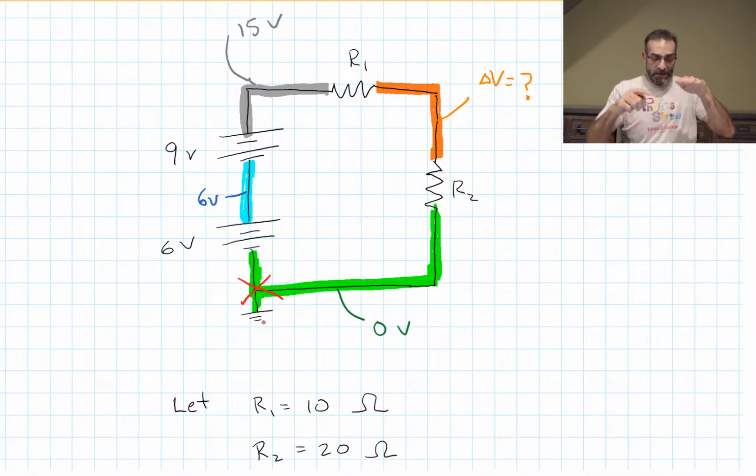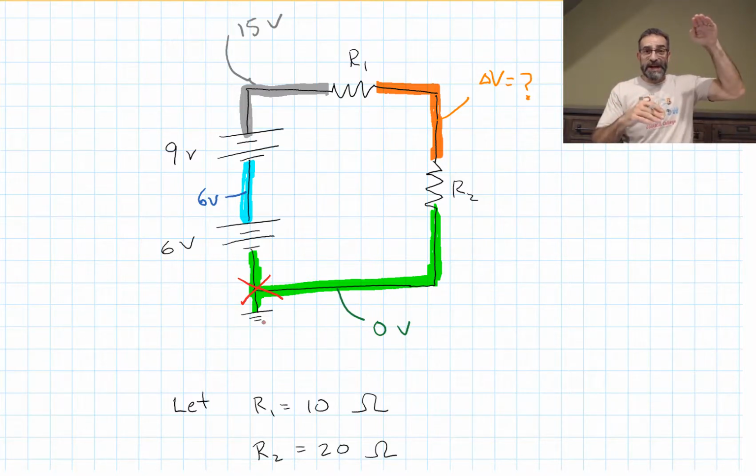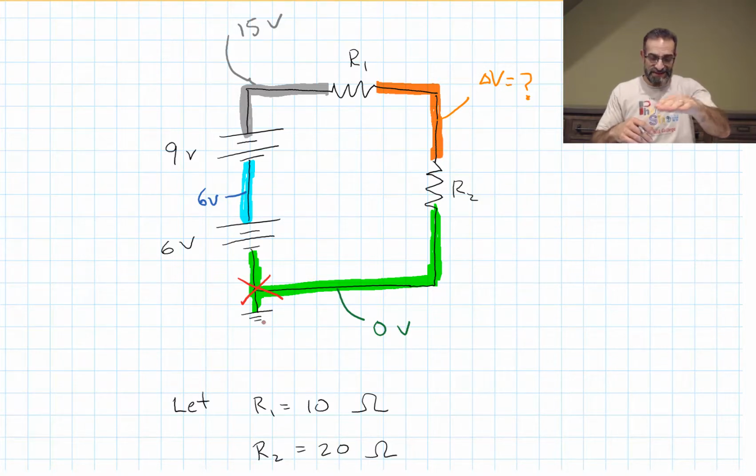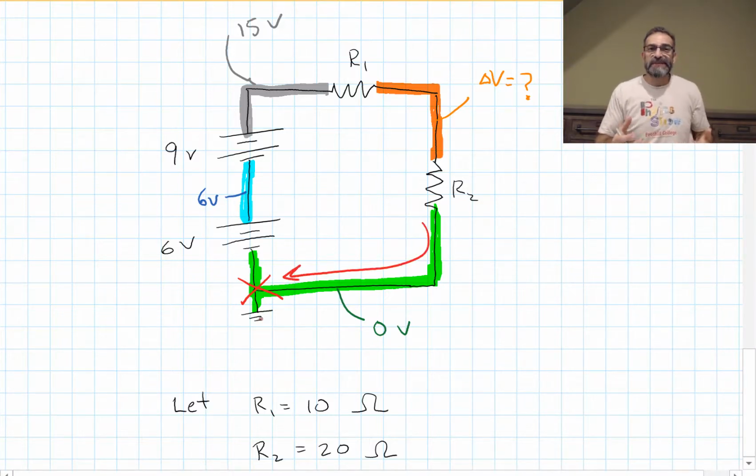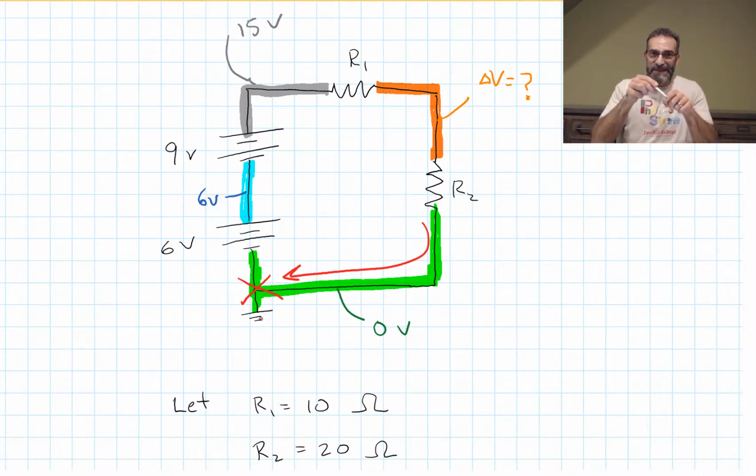And then you go up 9 volts, you're way up at a much higher elevation. And then you come down through that first resistor to some other elevation, less than 15 volts. And then you come down through your next resistor. And now, when you get back to your starting point, you have to be at the same elevation again, right? You can't go on a hiking trail, end up at the same place you started, and be at a different elevation. You have to be back where you started. It's the same with current in a circuit.